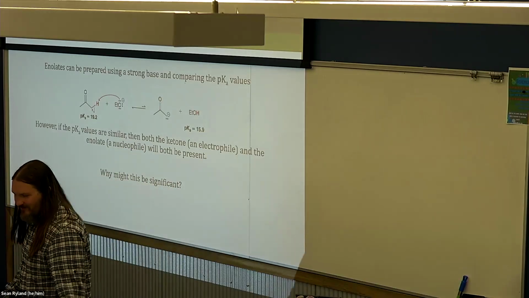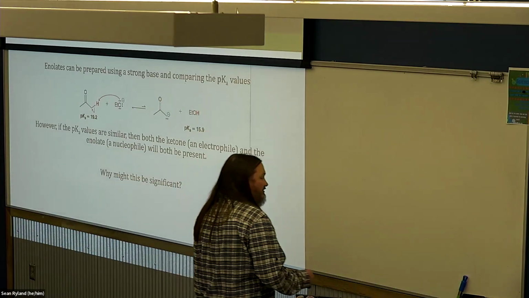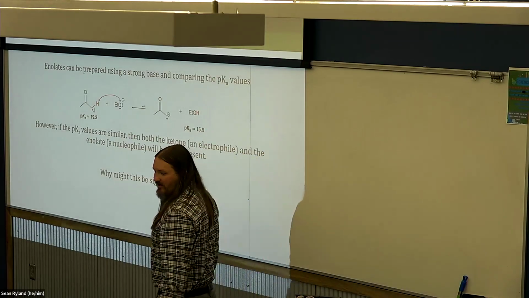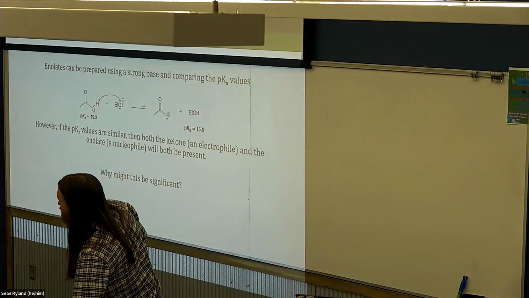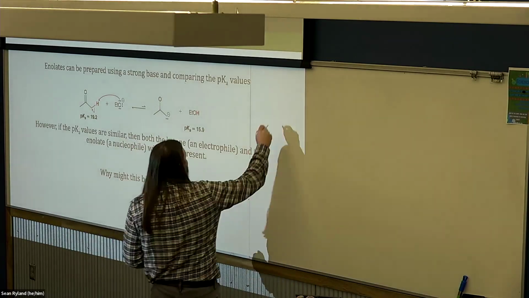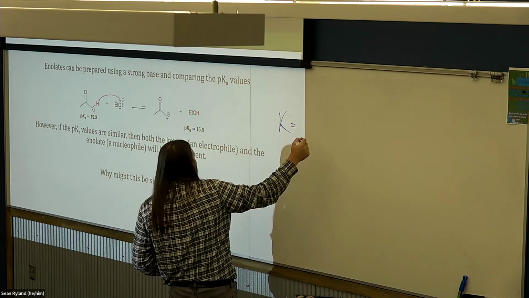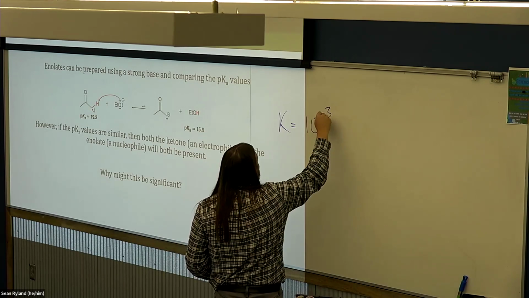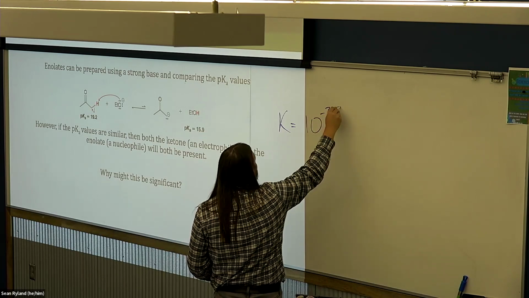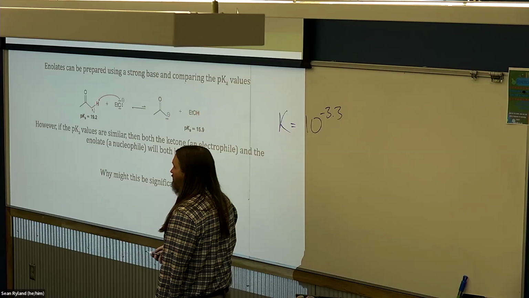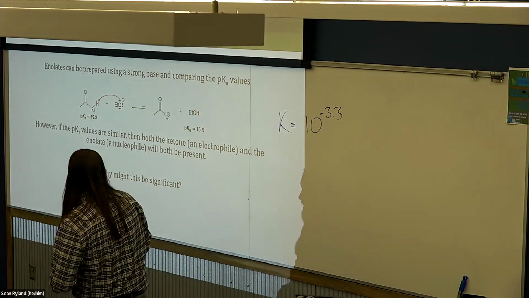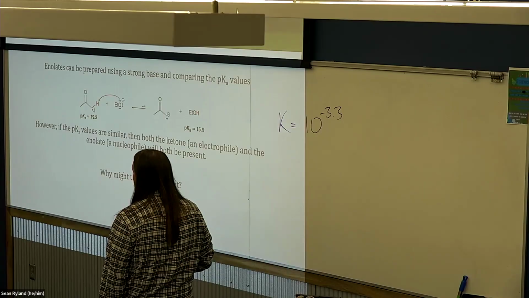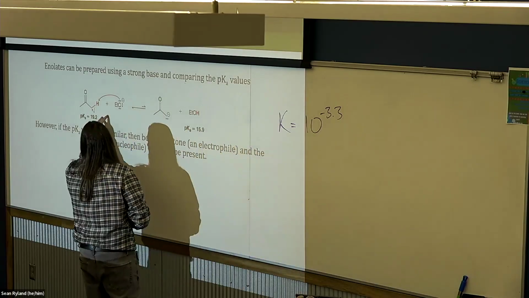Approximately, yes. So that means that for the equilibrium constant between these two, for this reaction, we can have a rough idea of what that number is. It's going to be something like 10 to the negative 3.3, or roughly 3,000 to 1, 4,000 to 1 in favor of the ketone.